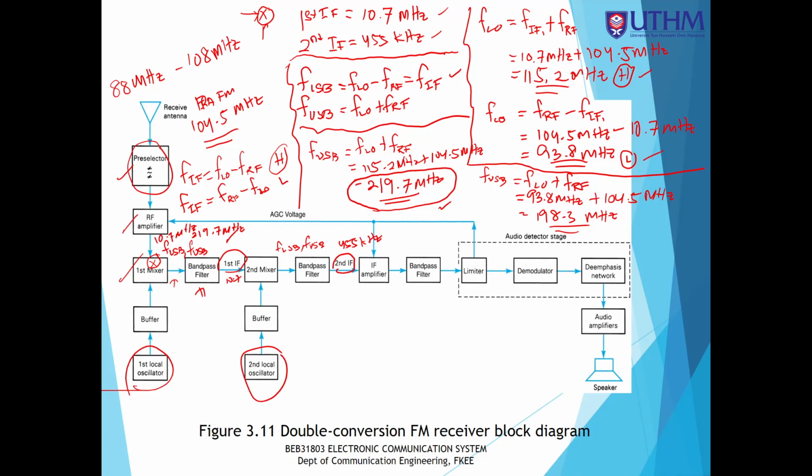So now again, as we calculated previously, FLSB is equal to FLO minus FRF, but now the input is not FRF anymore, it is FIF1.